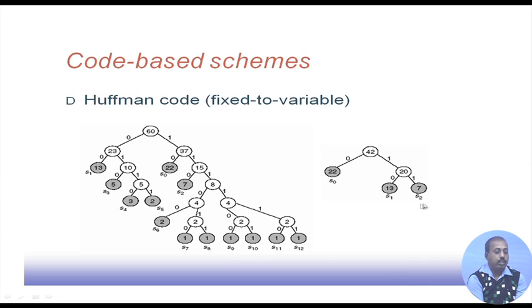Similarly, for S1 and S2, the number of bits needed is equal to 2. Again, one extra bit is needed to identify that it is a code to be consulted with the dictionary, and not a pattern directly. So, this is the advantage of selective Huffman code.